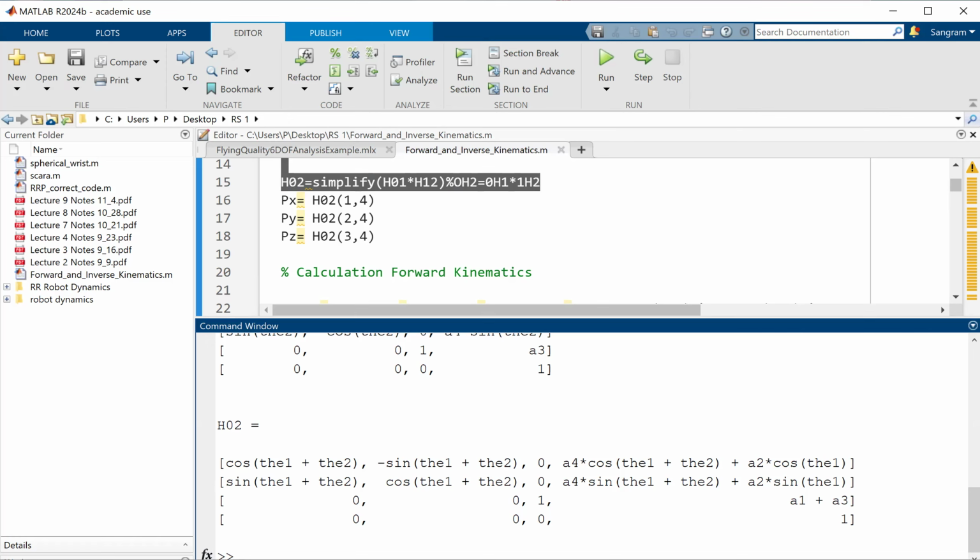Then it's extremely important that you look at this matrix. This matrix is cosine of theta 1 plus theta 2, minus sine of theta 1 plus theta 2, sine of theta 1 plus theta 2, cosine of theta 1 plus theta 2. So this first 3 by 3 matrix is nothing but the rotation matrix.